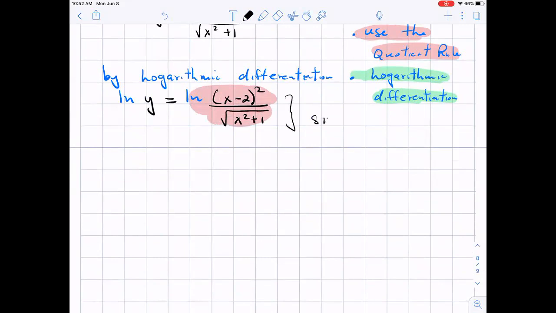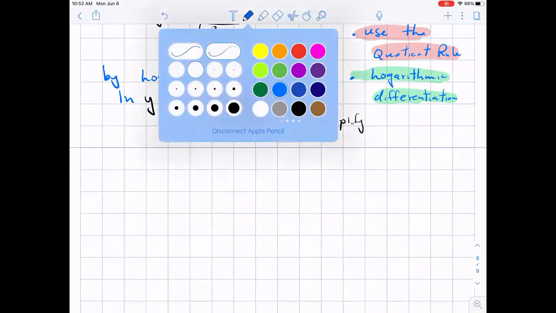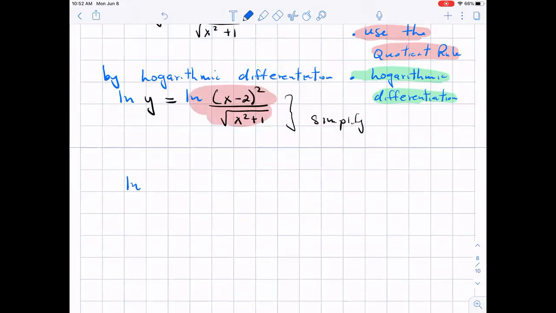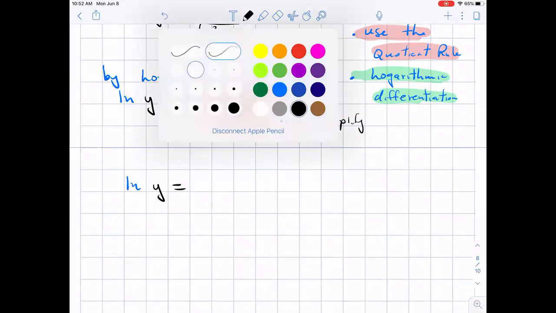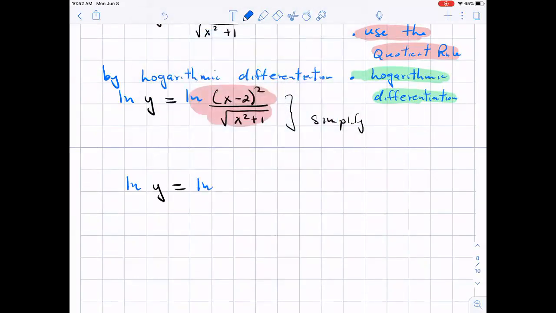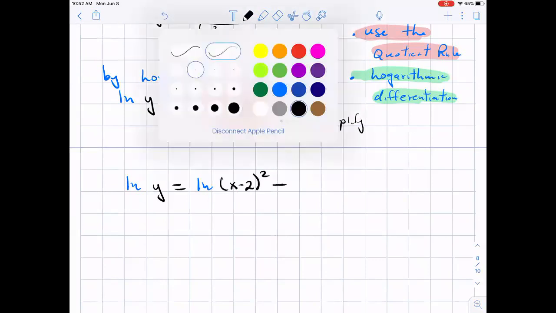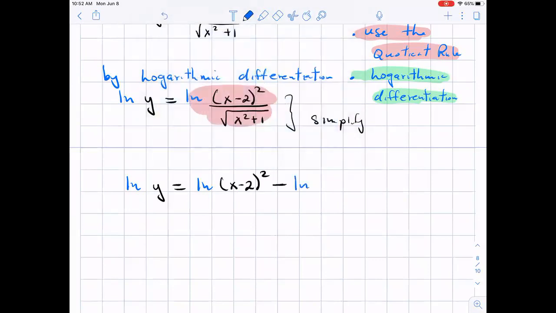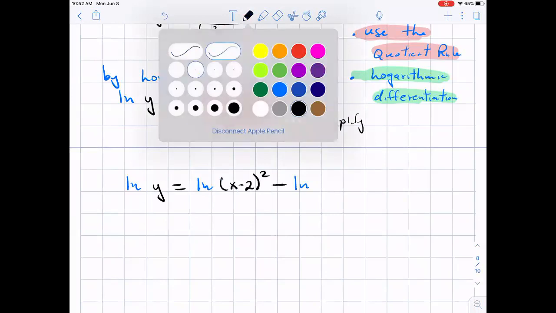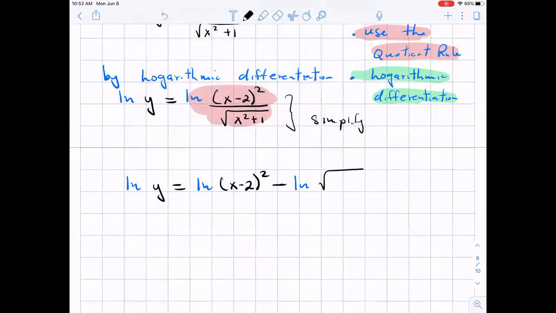Simplify this. So now we have ln of y is equal to ln of (x minus 2) squared minus, because division, ln of the square root of x squared plus 1.